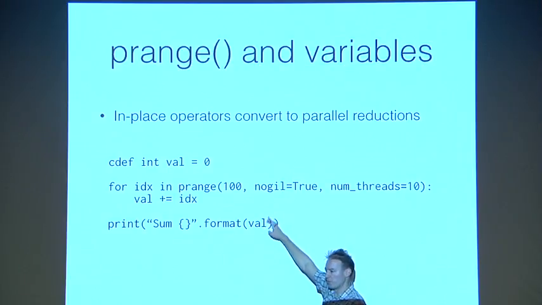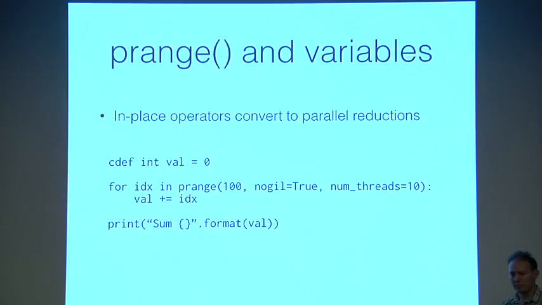If it were just last private, then I would get whatever the sum over one thread was, but that's going to encounter some of the values, but not all of them. But Python and OpenMP are smart enough to say, okay, this is a reduction over a variable. If it's simple enough, like plus equals, I can explode that out into a very simple sum within the threads, then sum over the threads at the end.